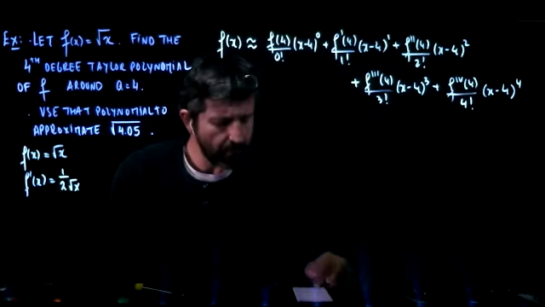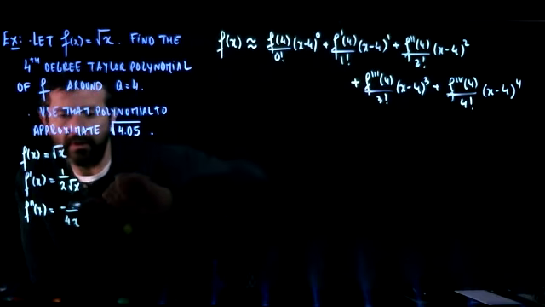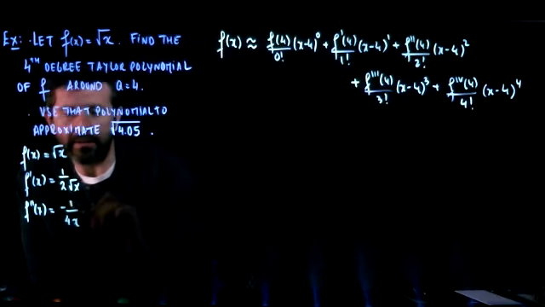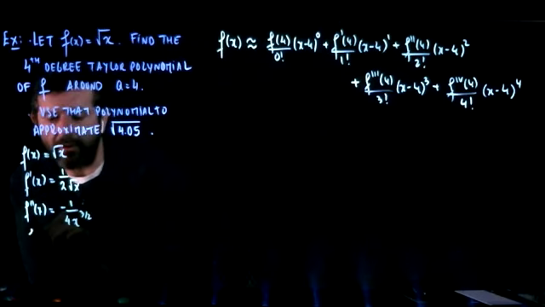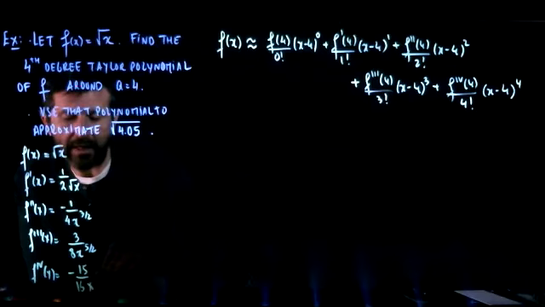I get negative 1 over 4, x to the 3 over 2. Third derivative is 3 over 8, x to the 5 over 2. And the fourth derivative is negative 15 over 16, x to the 7 over 2.